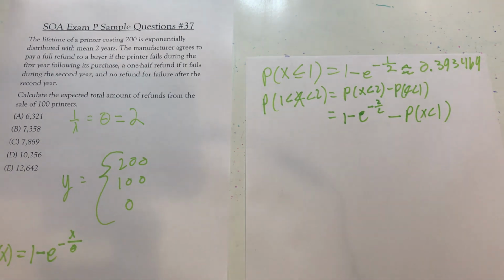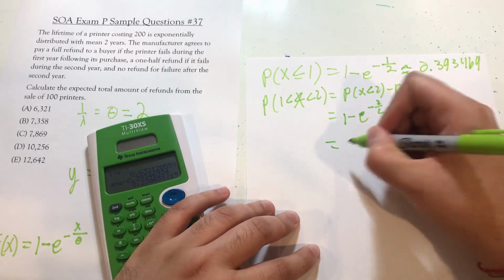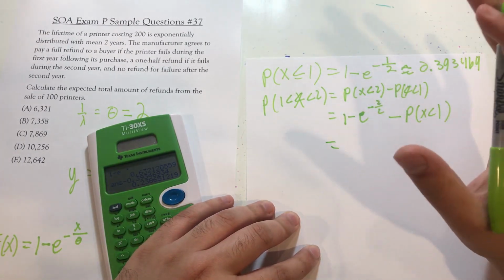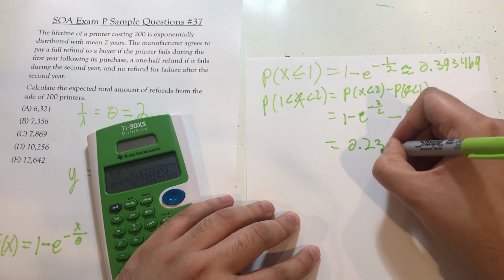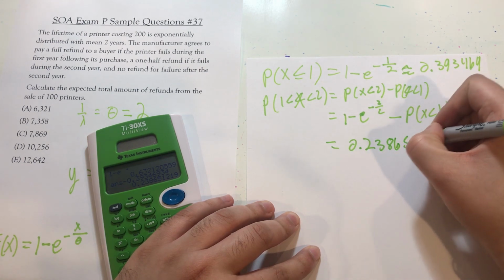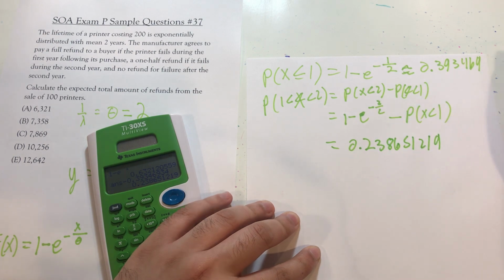Calculating that, 1 minus e to the negative 1 is 0.632, so subtracting our previous answer, the probability of breaking between 1 and 2 years is 0.238651219.